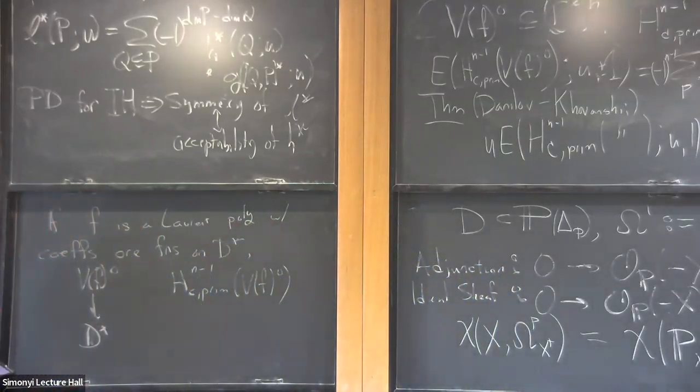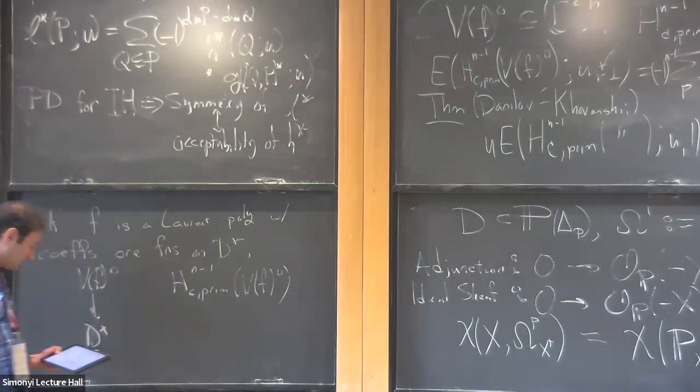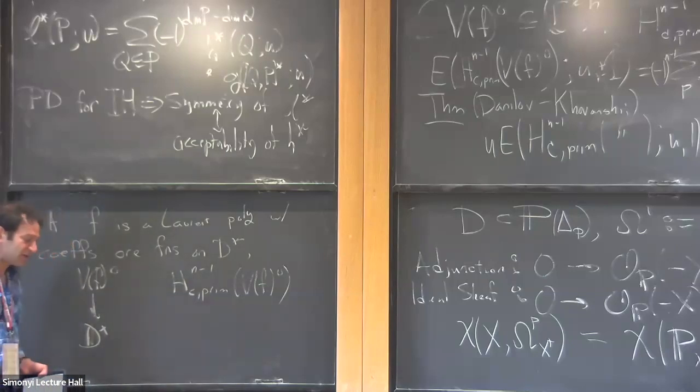And then there's something called the weight monodromy filtration, which is essentially the Jordan block decomposition for the monodromy operator. It ends up being quasi-unipotent, so you look at the size of the Jordan blocks, and it's some complicated way of encoding that. But the upshot is you have a Hodge filtration.